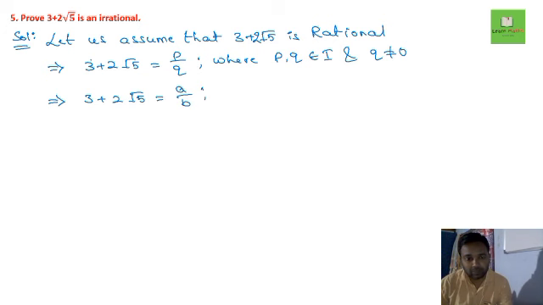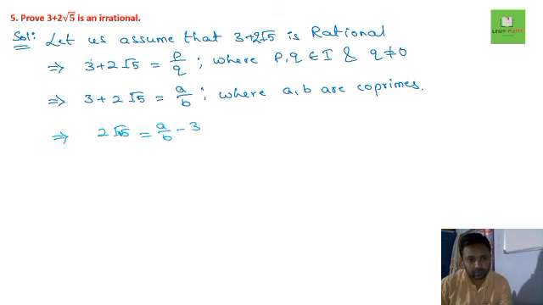A by b is the lowest form. Why? Because a and b are co-prime numbers, where a, b are co-primes. So now apply the transposition. 2 root 5 is equal to a by b minus 3.